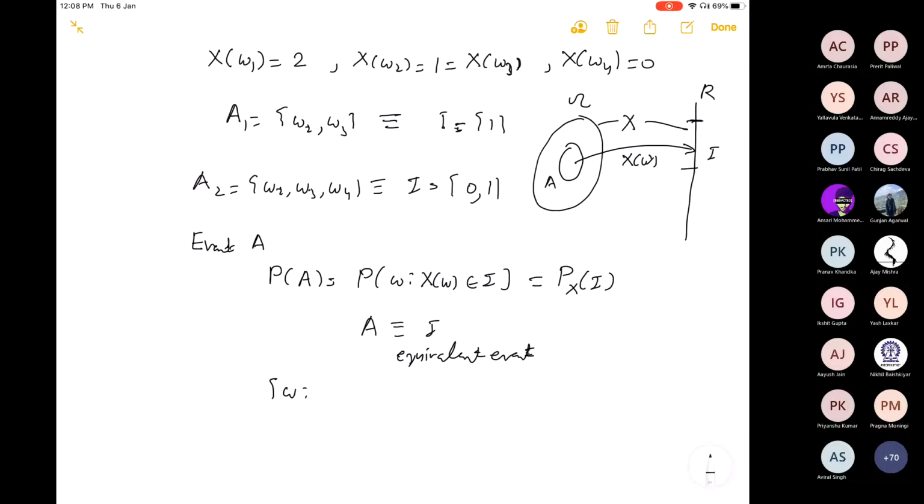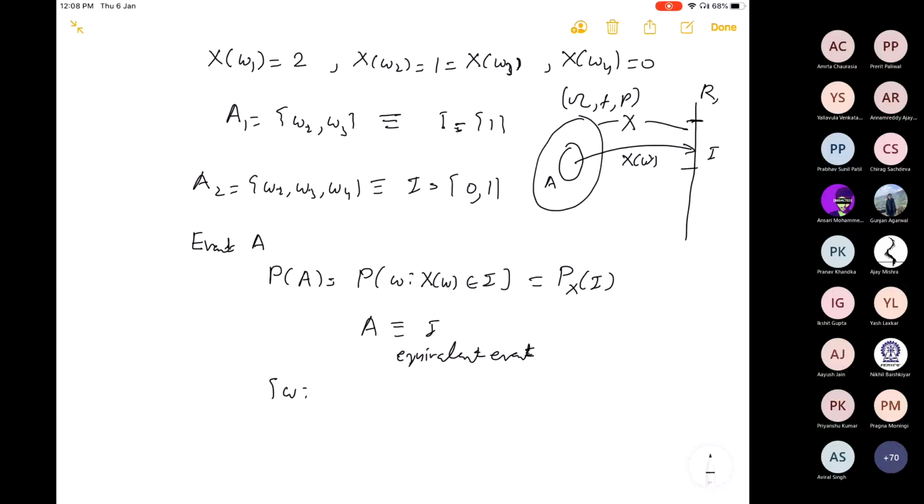For example, in this case, this is 1 only. This is some interval or some subset of the real line.